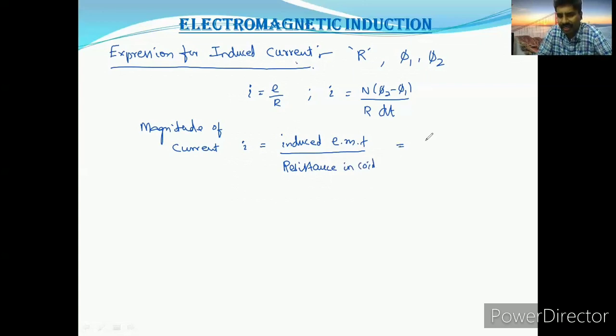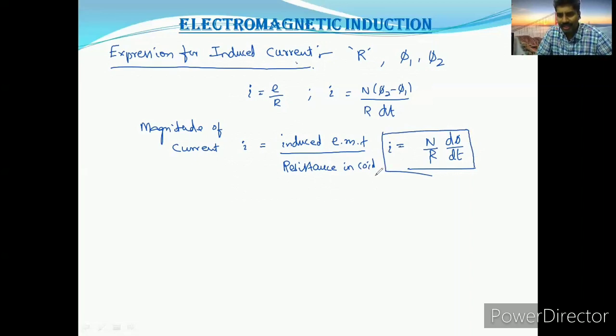So we can write N by R times d phi by dt also. Two equations, whatever it is. So this is the expression for induced current.